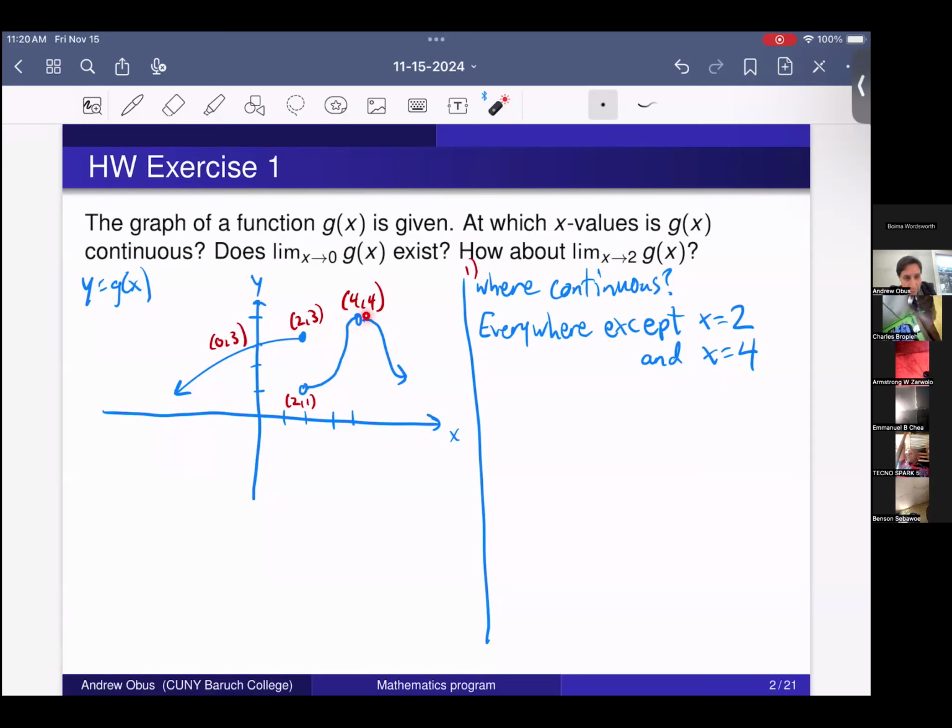That's the meaning of this empty circle that I've drawn over here at 4. It means that the function itself is not defined at 4. And so at x equals 2, this is called a jump discontinuity. And at x equals 4, this is called a removable discontinuity.